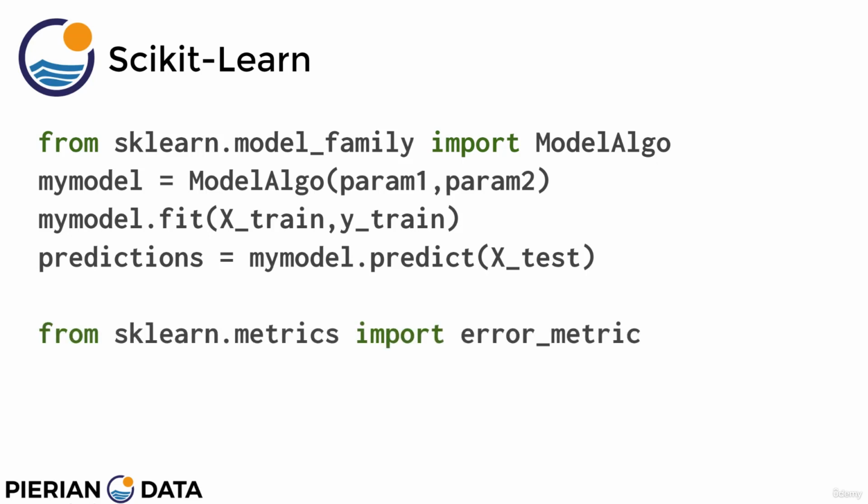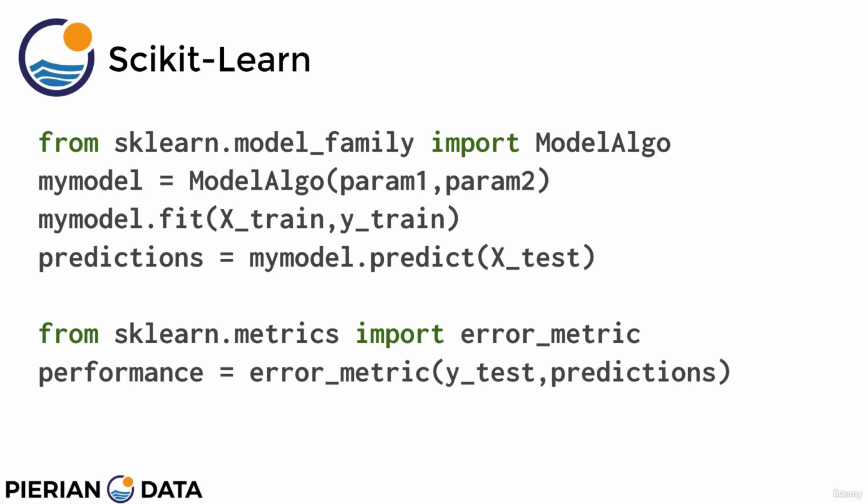Then you'll say from sklearn.metrics, and you'll import some sort of error metric. Here, I'm just using error metric as a placeholder. We'll have a deeper discussion on various performance evaluation techniques and what metrics are important later on. But in general, the framework would allow you to import the appropriate error metric function, and then you would compare your known y_test labels to your predictions and understand your performance.